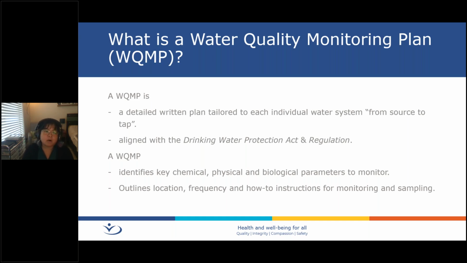So overall, a water quality monitoring plan checks the effectiveness of the treatment and the integrity of the water supply system, as well as demonstrates and documents the water quality of your water system.